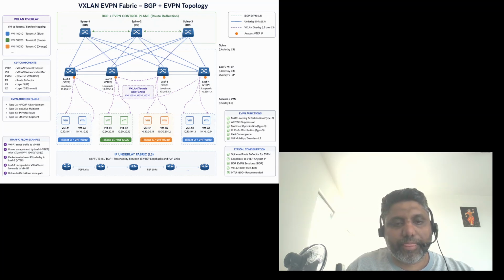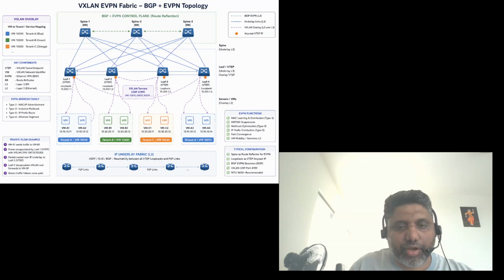Let me make it easier to understand. If we want to send a packet from a VM with tenant VNI ID 10010 to tenant B VNI 10020, VM1 will send an ARP packet. It has an IP address of 10.10.10.11 and wants to send a packet to 10.20.20.11.